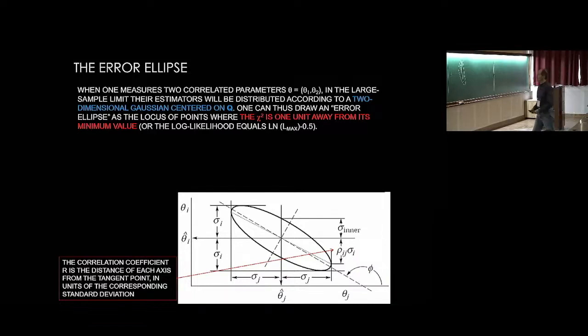So it might be hard to see, but if you have a less correlated situation, this tangent point will lie at a point which is closer to the center line, and so this correlation coefficient is a smaller fraction of the total sigma, okay?